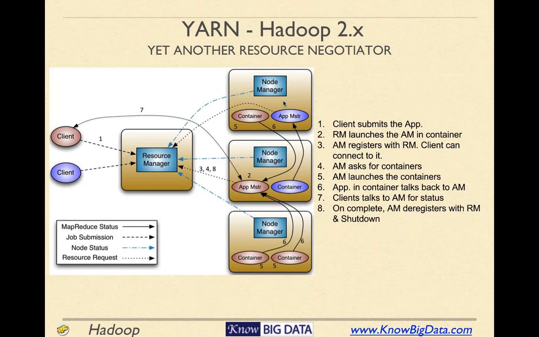And once that is done, the application in the container talks back to the application master. So any work that is getting done for this application master will get done inside various containers. These containers will talk back to the application master, and then the client can talk to the resource manager and the application master and take the status of what's going on.